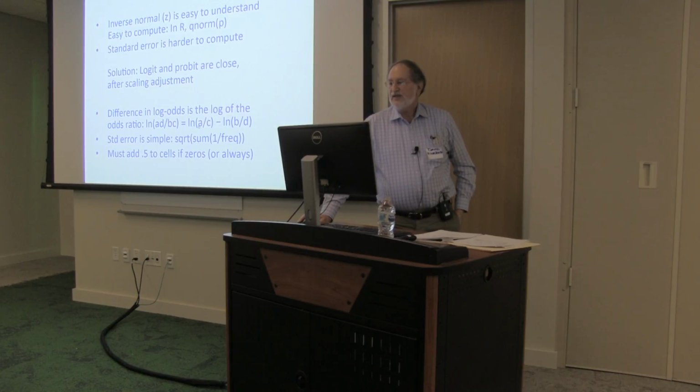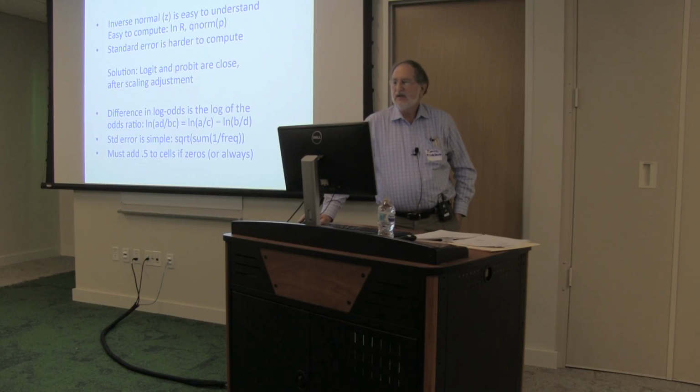And the nice thing about this, if you can press the log button on your calculator, you can calculate this, so that's not too bad. You can't do it in your head, but you could do it with a simple calculator. The nice thing about this is the standard error is simple to get.